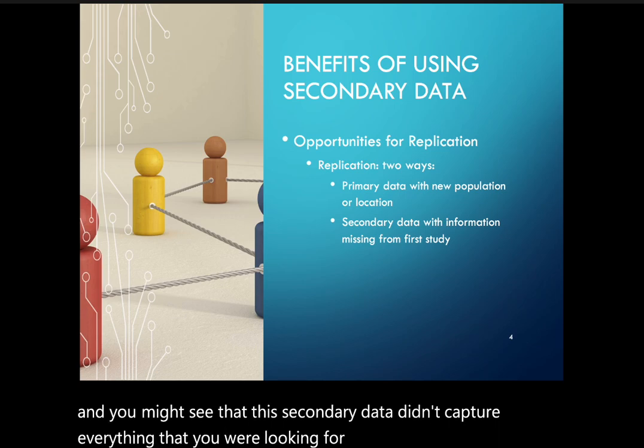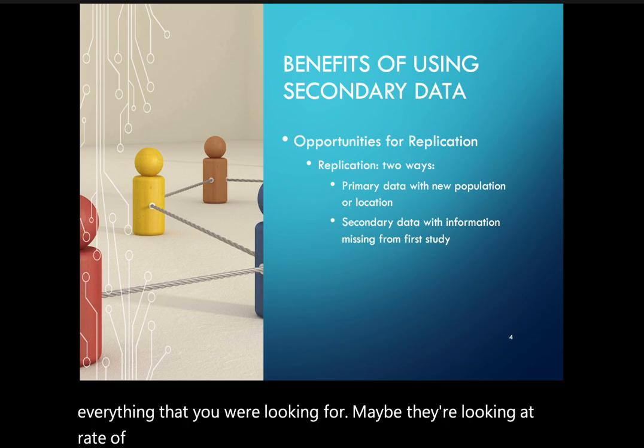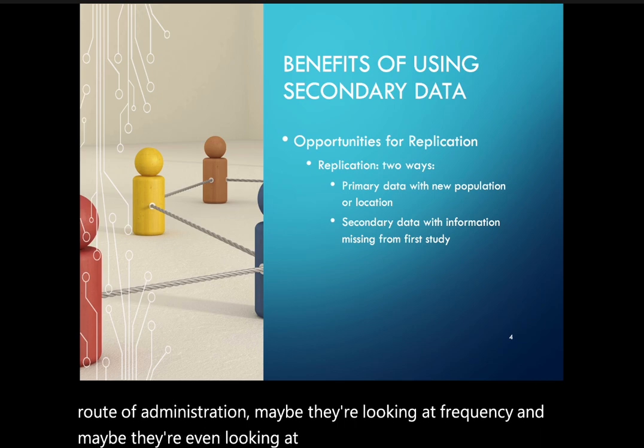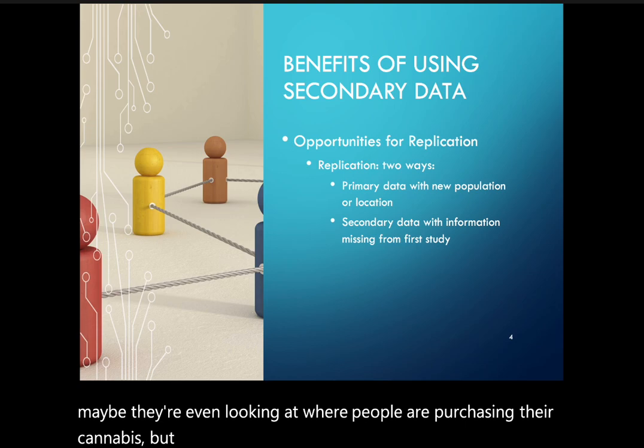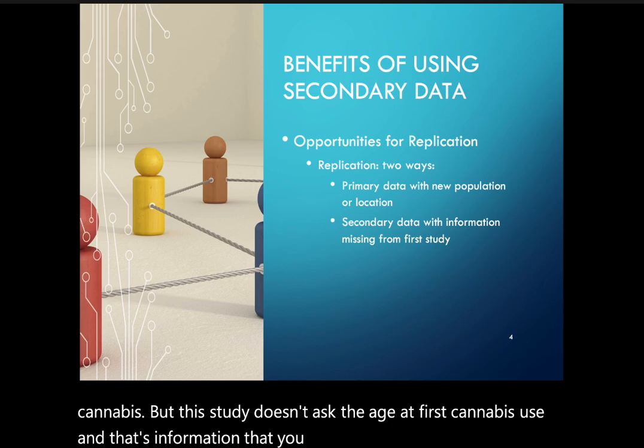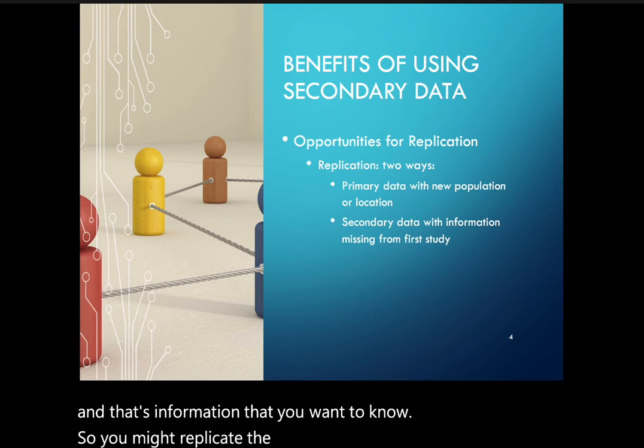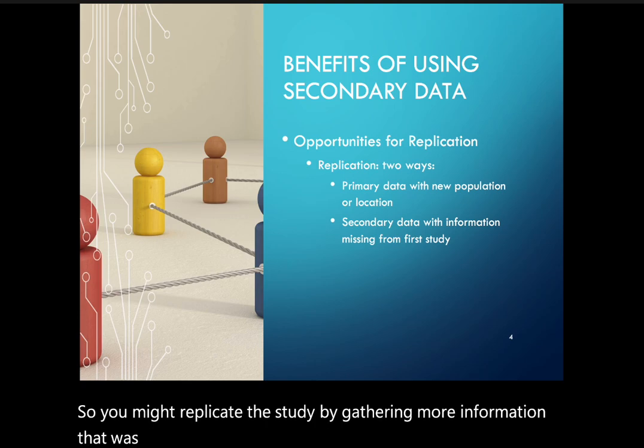Maybe they're looking at route of administration, maybe they're looking at frequency, and maybe they're even looking at where people are purchasing their cannabis. But this study doesn't ask the age at first cannabis use, and that's information that you want to know. So you might replicate the study by gathering more information that was missing from that first study.